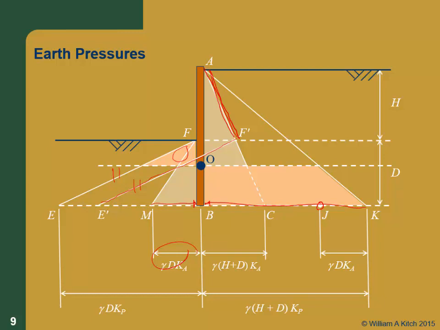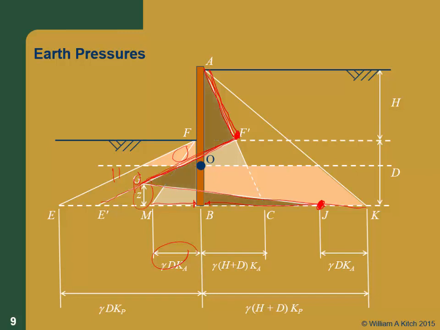So I've got some line, my net earth pressure envelope is going to be coming down here, coming down some line here, and then coming back over here down some line. And so the things I know about it is, I know it's got to intersect at that point. I know it has to intersect at that point. I know the slope of this. And I don't know D, so I don't know Z. I don't actually know where this point G is.